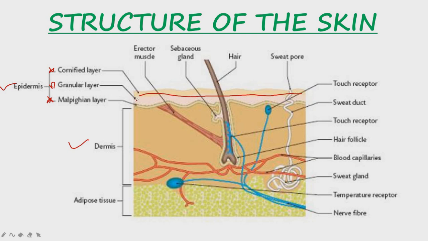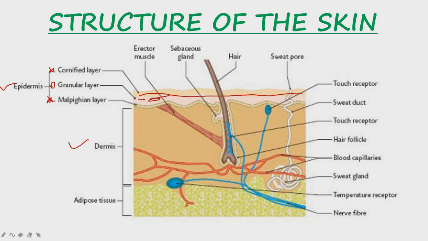We see the second layer, which is the granular layer. The granular layer is the middle layer of the epidermis that is made up of round cells. These round cells have one thing in common: they are constantly being replaced by the new cells produced by the malpighian layer.